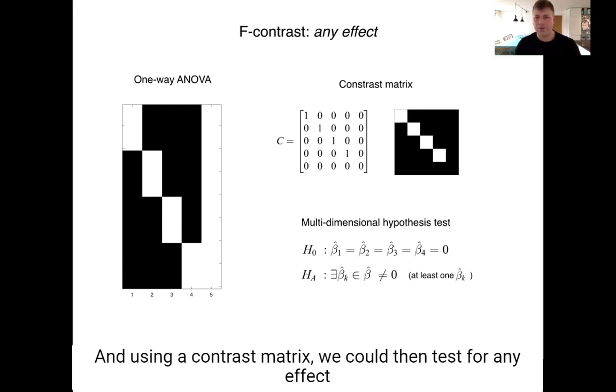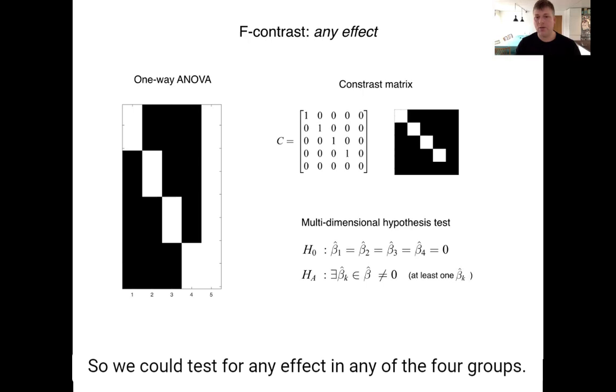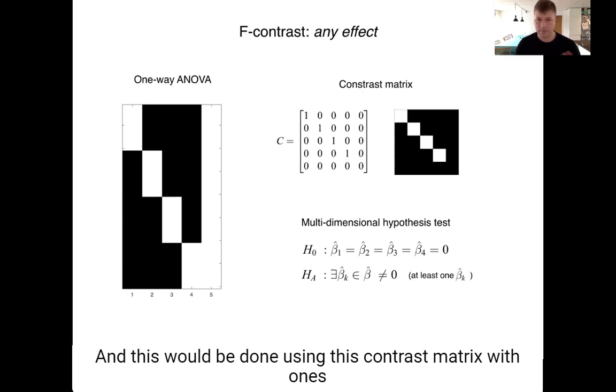And using a contrast matrix, we could then test for any effect of the design. So we could test for any effect in any of the 4 groups. And this would be done using this contrast matrix with ones on the diagonal.